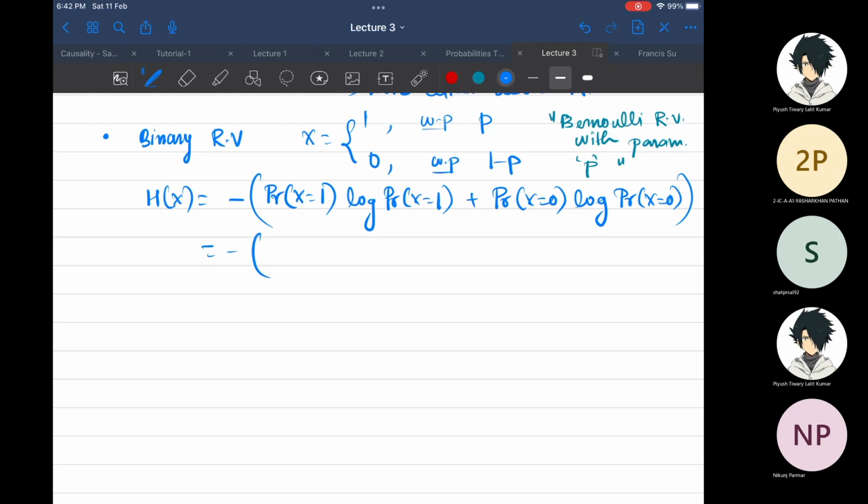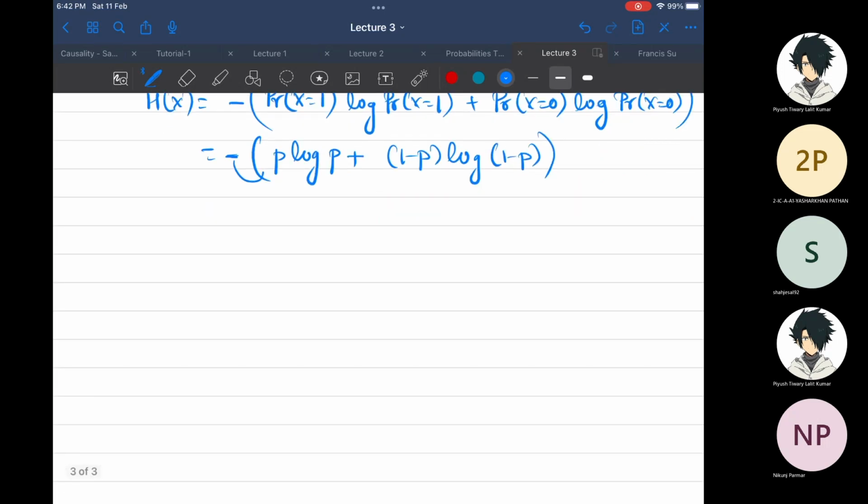So probability of 1 was p, giving minus p log p plus 1 minus p log 1 minus p. If I take the negative inside, I can write this as p log 1 by p plus 1 minus p log 1 over 1 minus p.